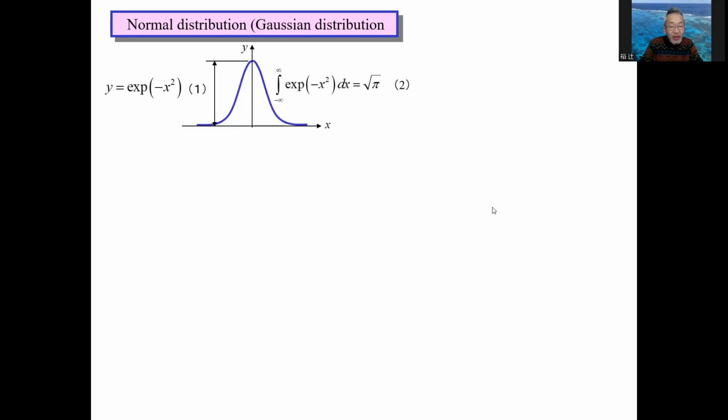Before explaining the normal distribution, I would like to speak about the exponential function y equals exponential minus x squared. The integration of this function from minus infinity to plus infinity is root pi.